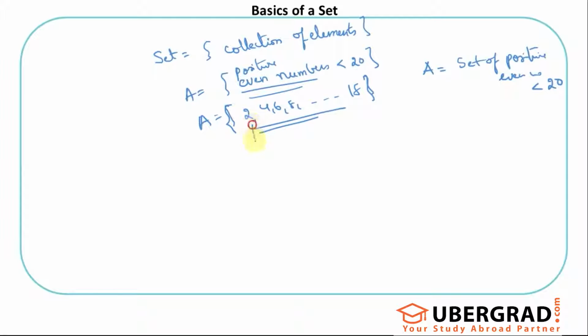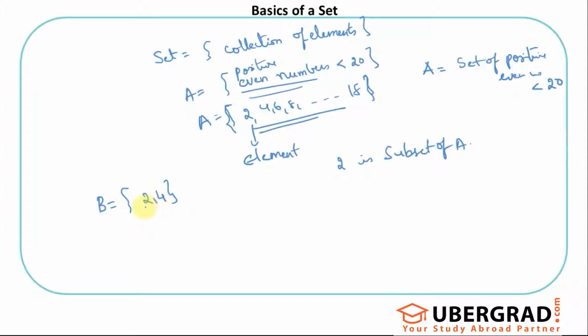And then, as I said, there will be elements inside a set. So let's say there is an element 2 which is part of set A, right? So it's called 2 is an element obviously, but I can also say it's a subset of A, right? So let's define another set B, which consists of elements 2 and 4, right?